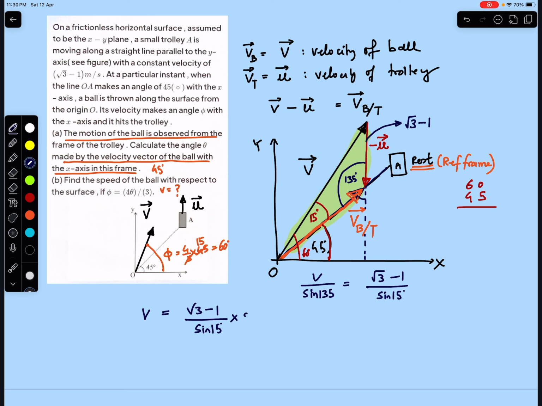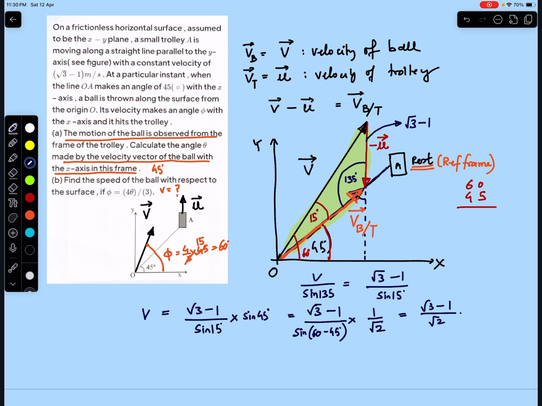Sine 135 means sine 45 actually. So you can write root 3 minus 1 multiplied by 1 by root 2. Now 15 means it is sine of 60 minus 45, so keep root 3 minus 1 by root 2 aside.